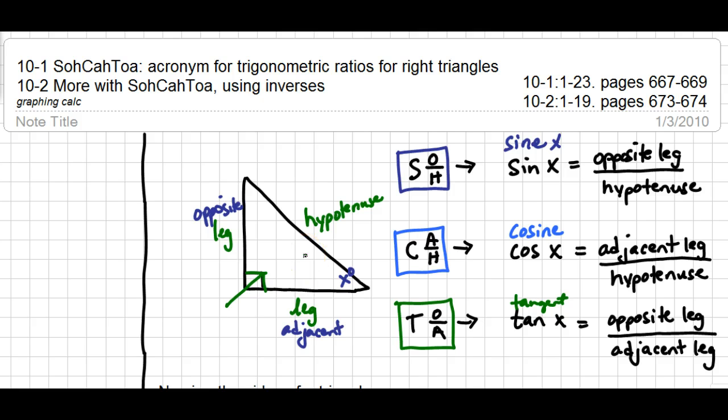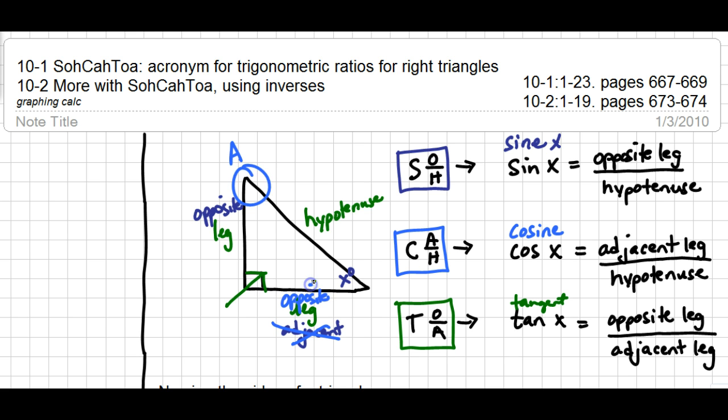Keep in mind that if we switched to this angle up here as our angle that we're working with, now all of a sudden the opposite and the adjacent legs would be switched or mislabeled. So if this were the angle we were working with, let's call it angle A. If I were trying to find the sine of that angle, now the opposite leg would now be over here.